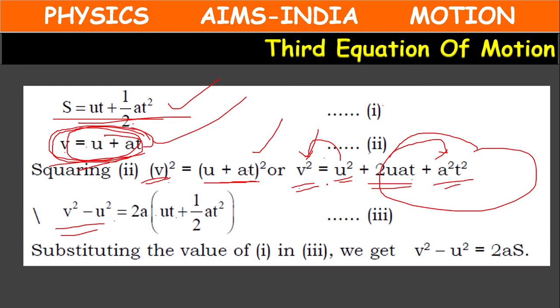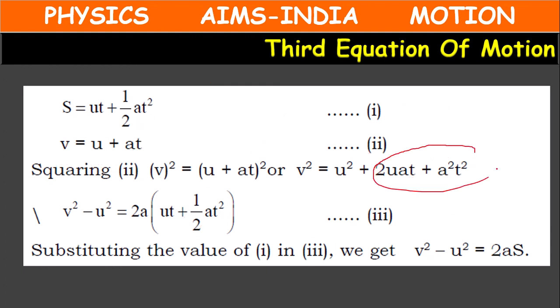v square minus u square equal to, from these two terms we can take 2a common. So what will remain? ut plus half at square will remain, because here there is no 2, we can write it as 2 into 1 by 2. If 2a is taken common, here u will remain, t will remain; and here 1 by 2 will remain, a went common, t square will remain.